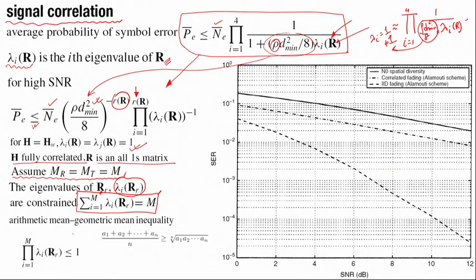And using the arithmetic-geometric mean inequality, which states that the arithmetic mean is greater than or equal to the geometric mean, we apply it over here.